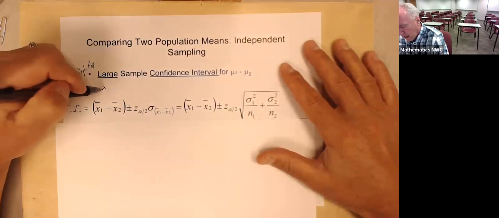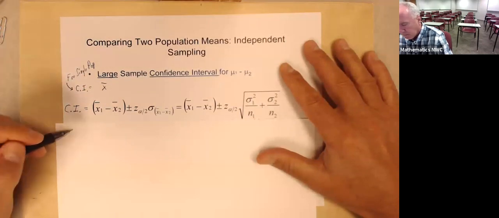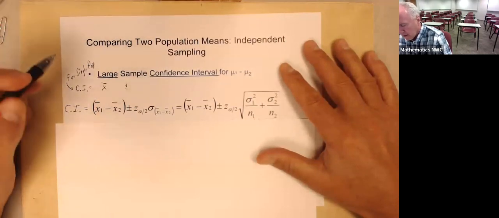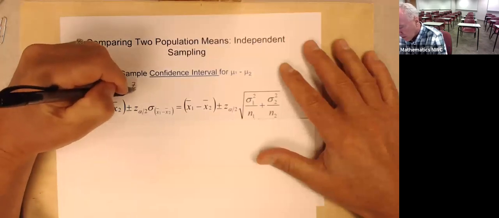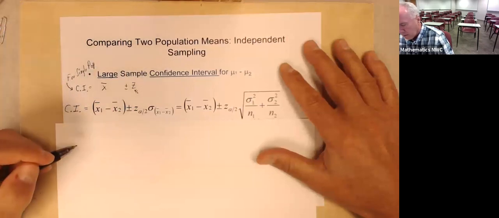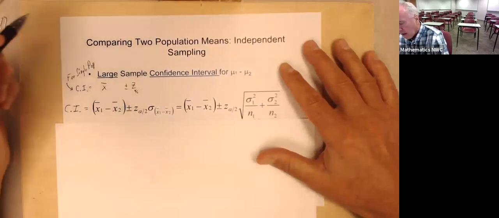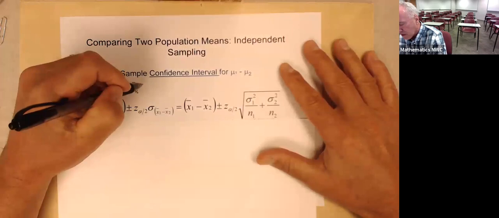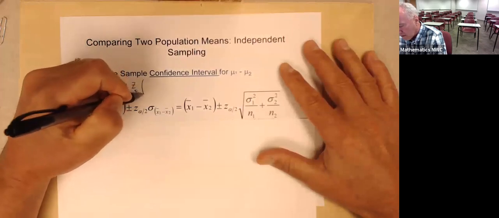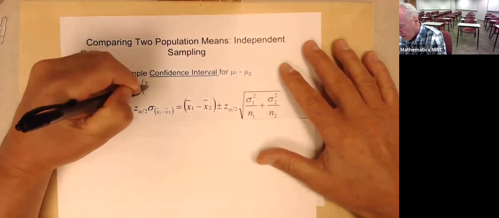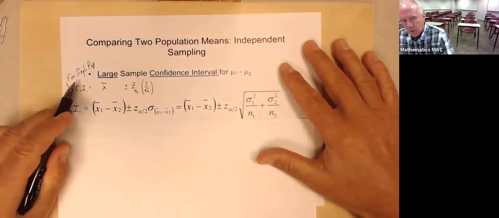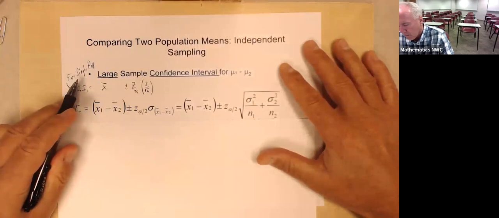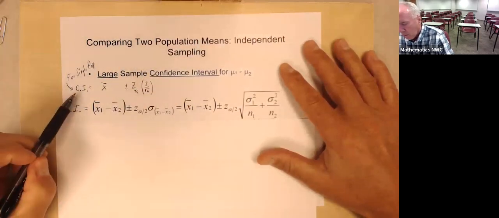It was just X bar plus or minus, if it was a large sample, I had a z-score. We took our alpha, divided it by 2, and we had our adjusted standard deviation, which you remember was S over the square root of n. That was for a single population mean. We did that in the last couple of chapters.